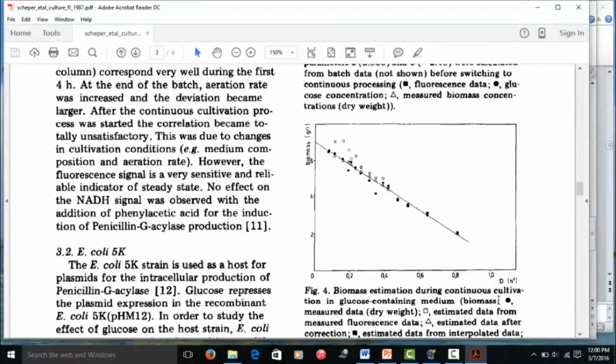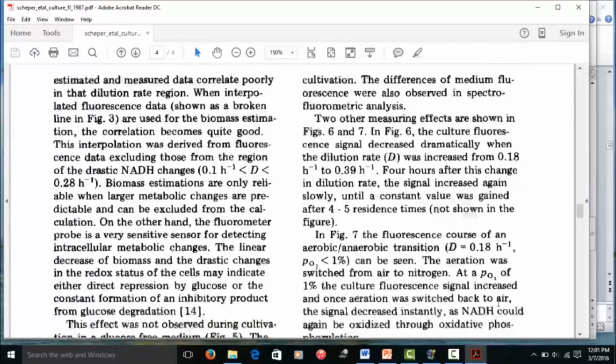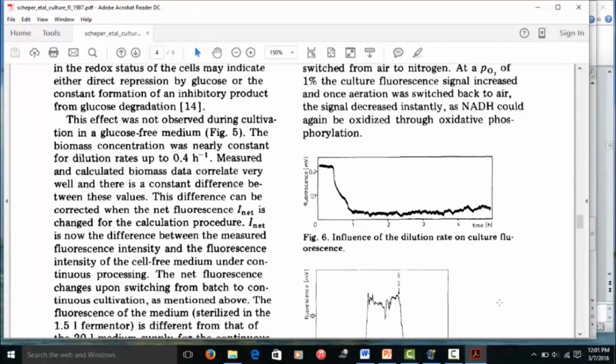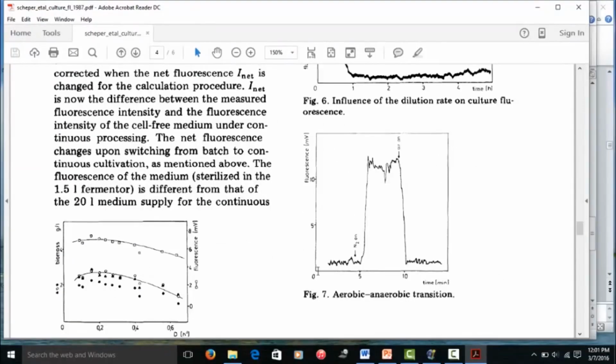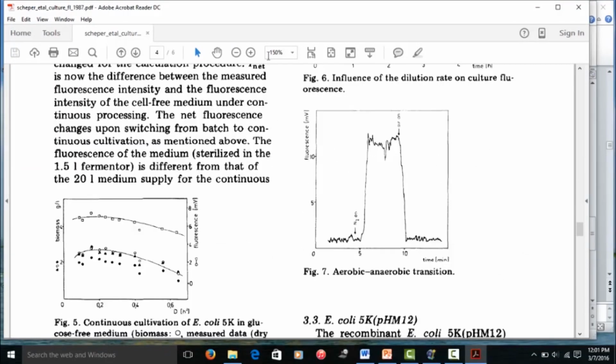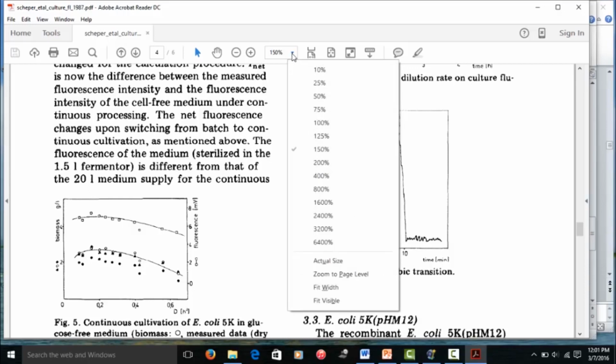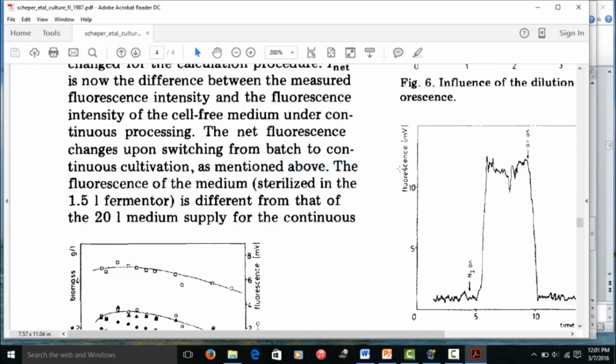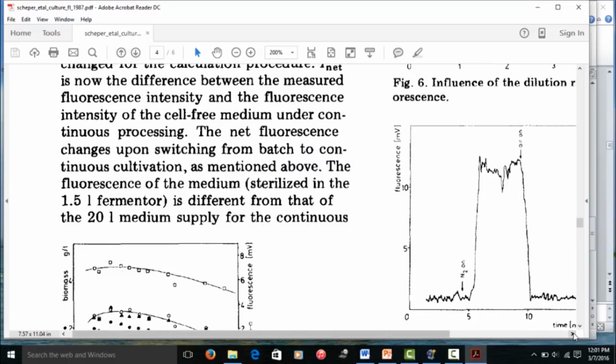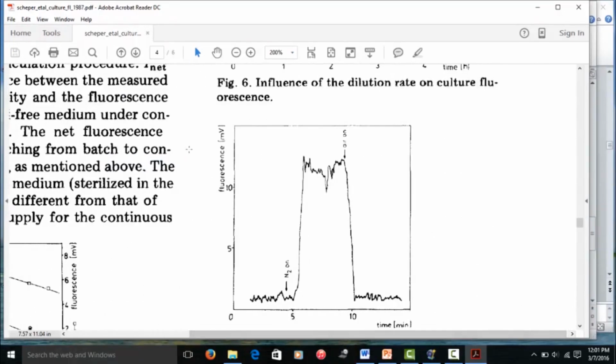And then one more thing I'll point out from this paper. You see this figure? Let me blow it up a little bit if you want. This is culture fluorescence versus time.